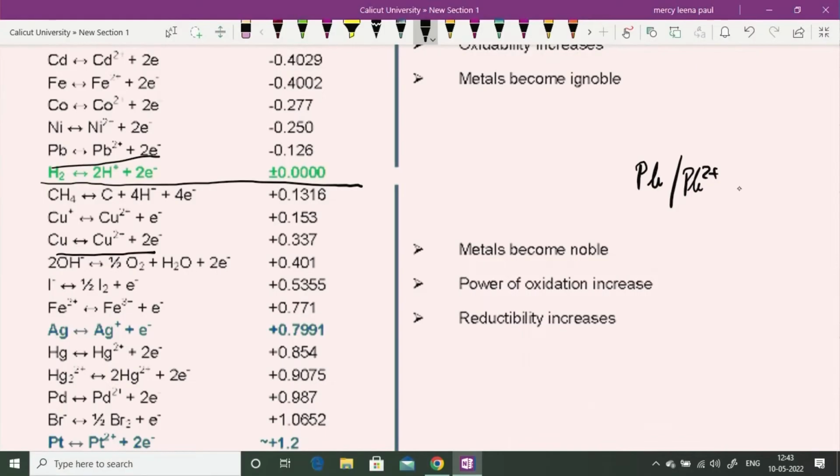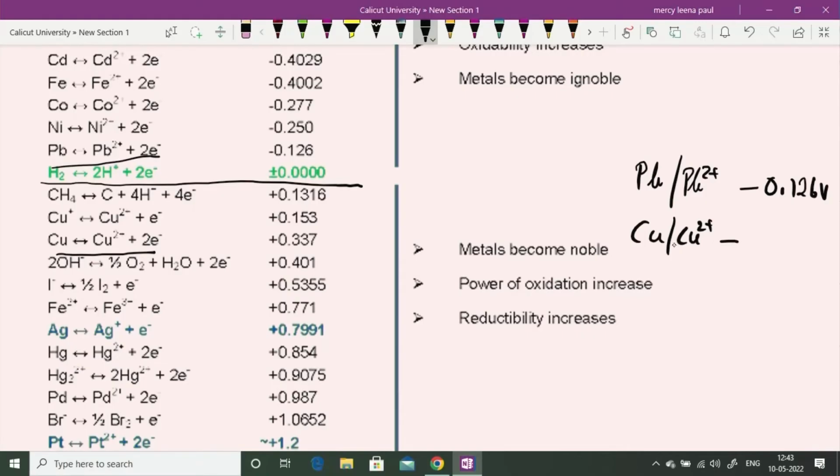For example, let us take copper and lead. In the case of lead, Pb, Pb2 plus, the value is minus 0.126 volts. Next is copper, Cu2 plus, whose standard electrode potential is 0.337.